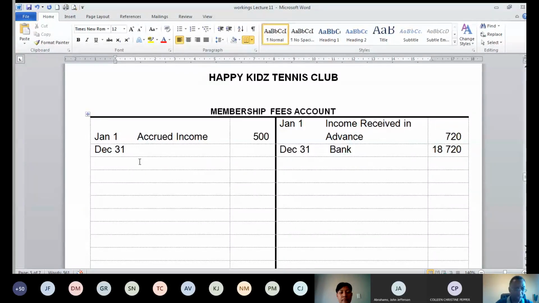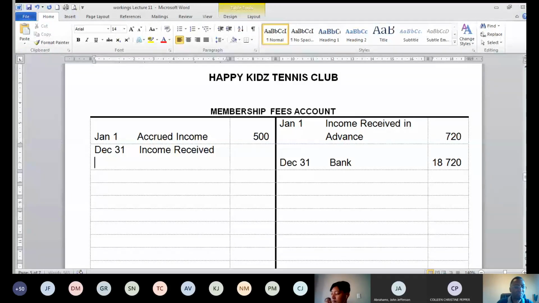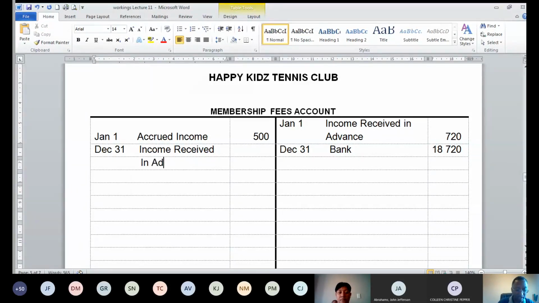We debit our membership fee account now with the amount, and we will see that the income received in advance is the amount of 560 Rand. We have calculated that under 2.5.